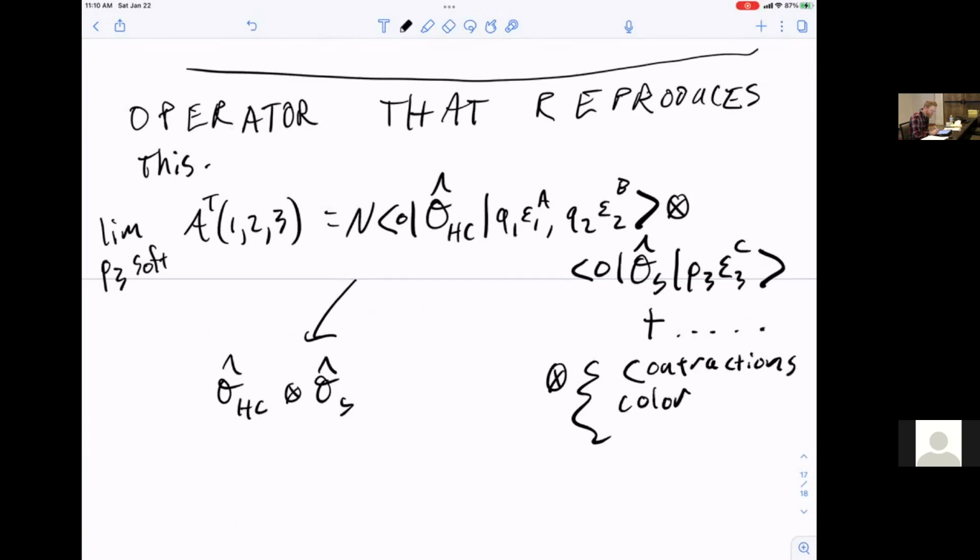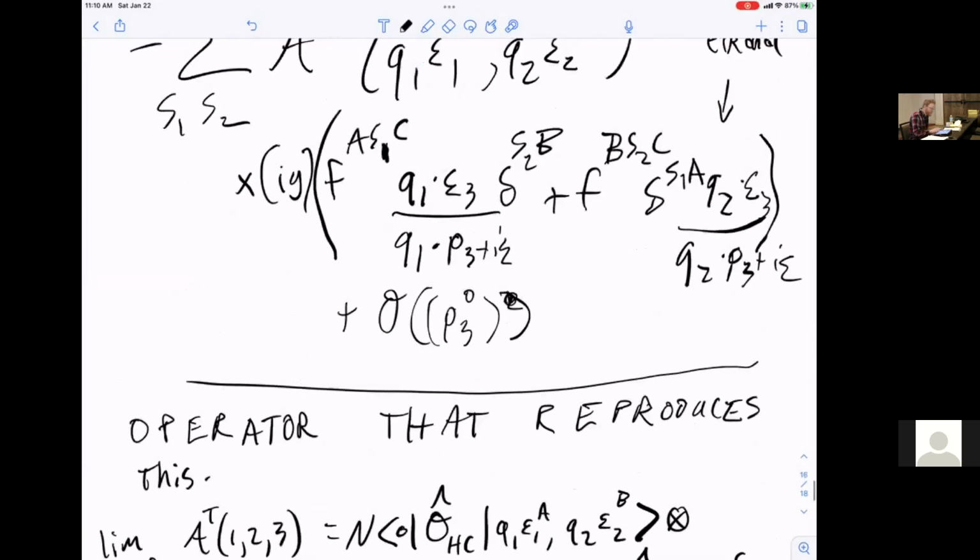If you really get down into the nitty gritty, there might be some convolution integrals in there, and so forth. But right now, I'm just going to have this sort of tensor symbol to mean there could be contractions of at least color.